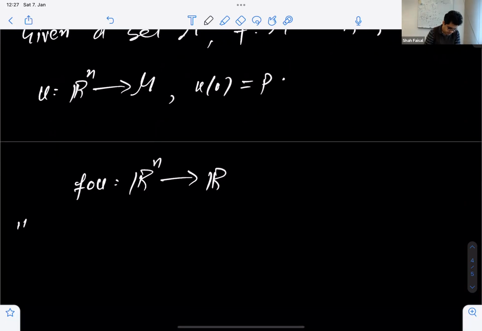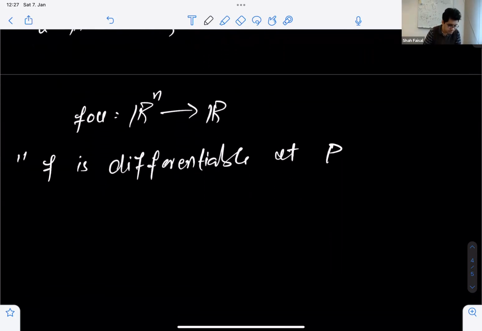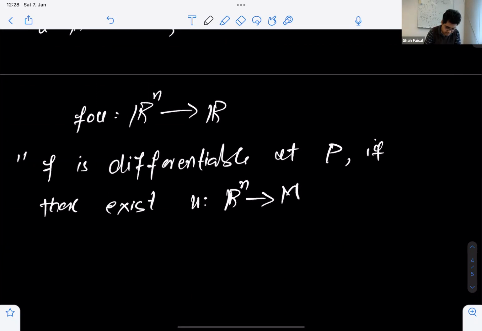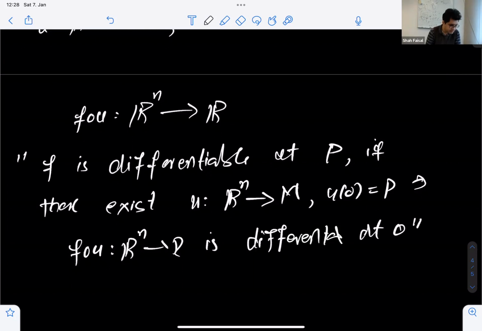So let's say f is differentiable at P, I'm sorry, f is differentiable at P if there exists another function u from Rn to this set M with P such that f composed with u is differentiable at 0, right? That would be a sensible definition.